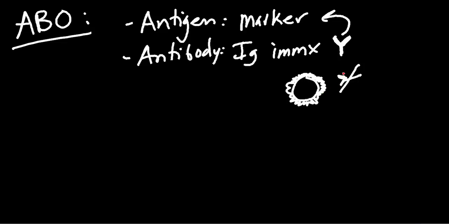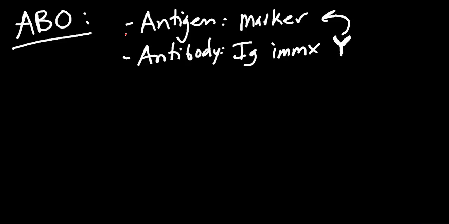Instead, the body decides to downregulate this and we get rid of all the self-reacting antibodies. However, if this doesn't happen, that's where we get autoimmune reactions. Autoimmune reactions are simply where our body is going to make antibody against our own naturally occurring antigen. Typically, our body gets rid of that. So antibodies are going to bind antigen.